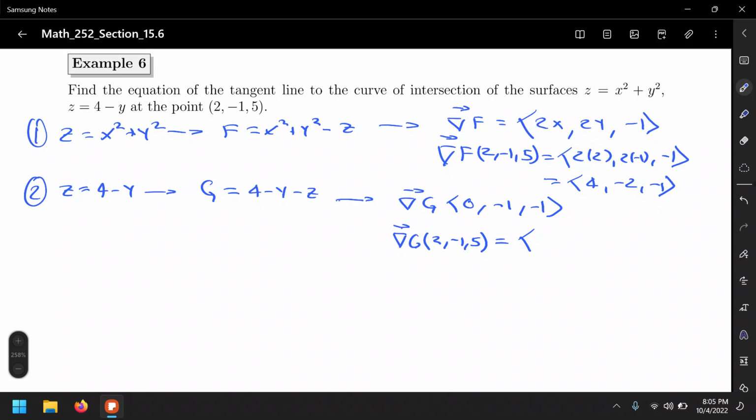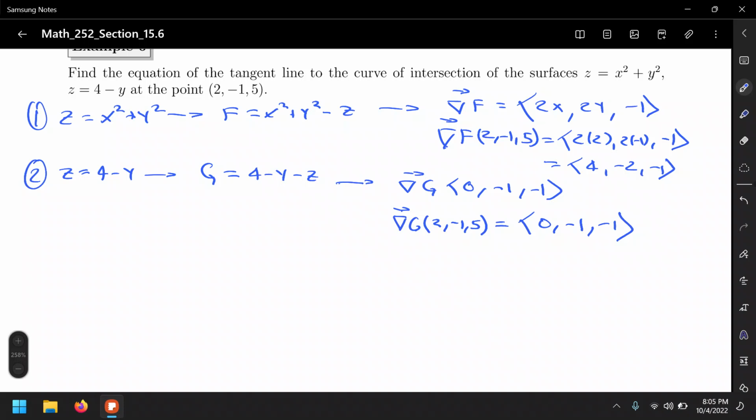I should have just skipped this, but just to be consistent with the notation and the process that we've been following, I'm just going to write this. And no wonder the gradient for that given surface is constant, because it's a plane, isn't it? The rate of change is always the same.